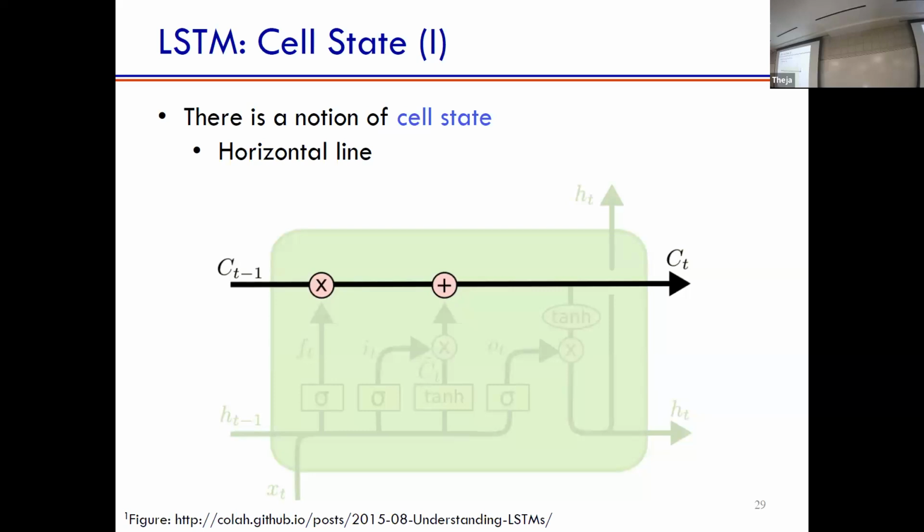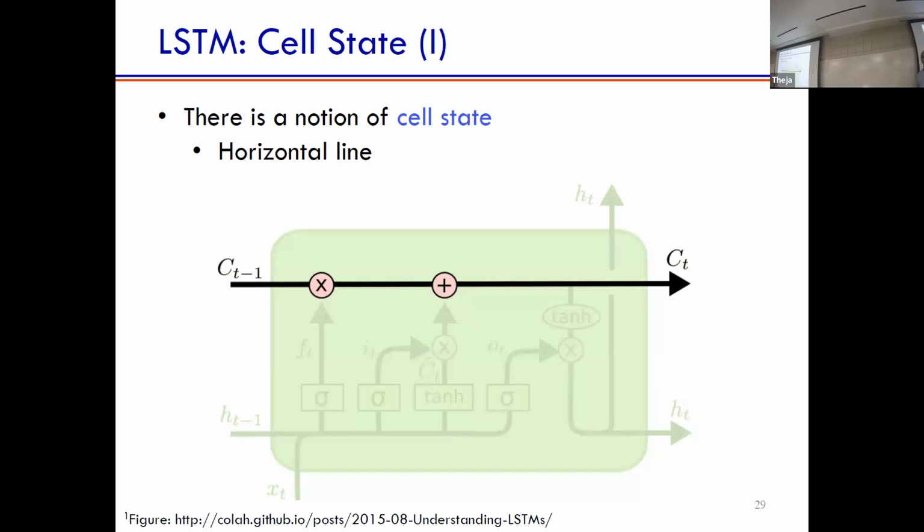This replaces the previous h_{t-1} as the important vector that is passed from cell to cell. This vector only has two operations going on: element-wise multiplication and element-wise addition.